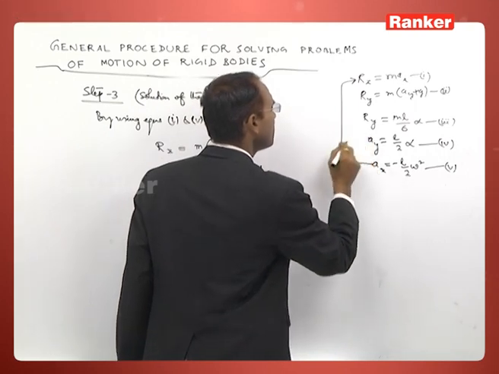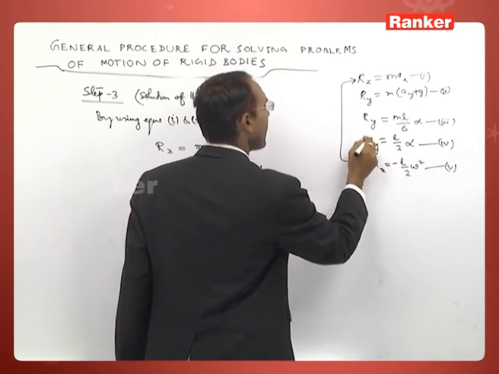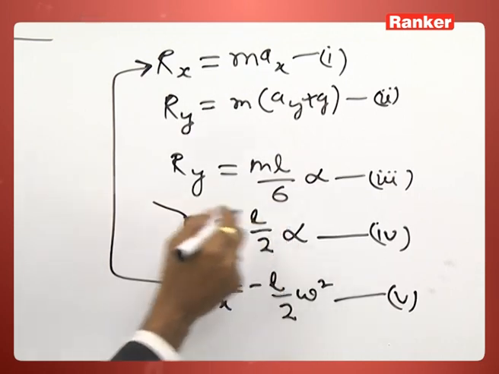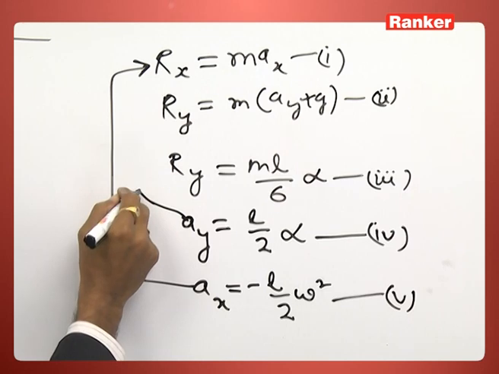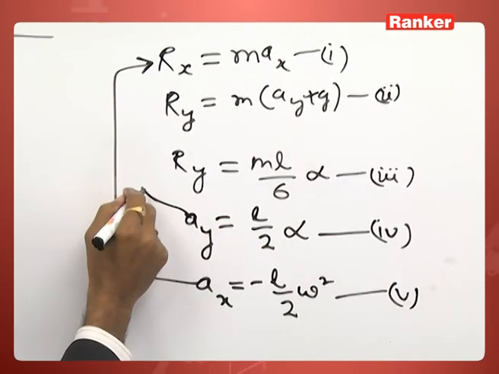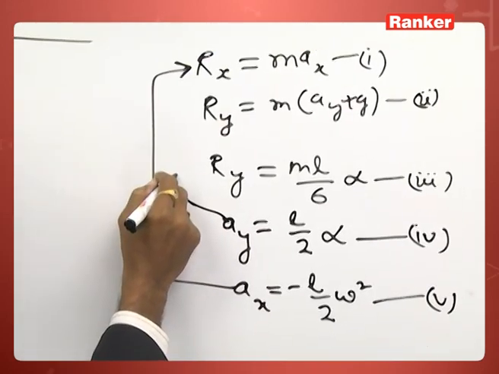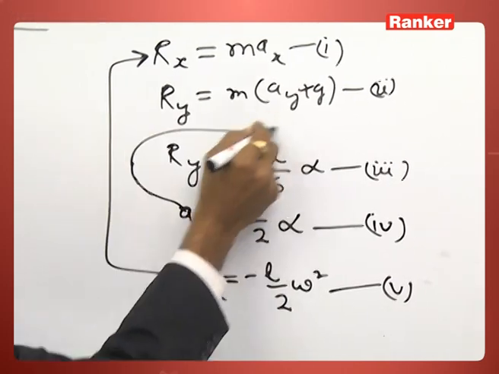We substitute Ay is equal to L by 2 into alpha, from equation number 4, in equation number 2.